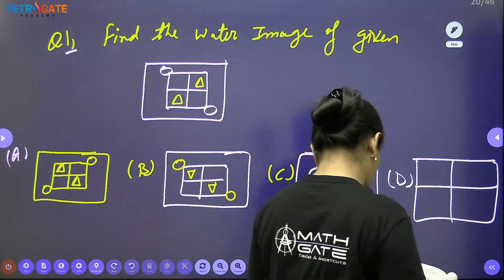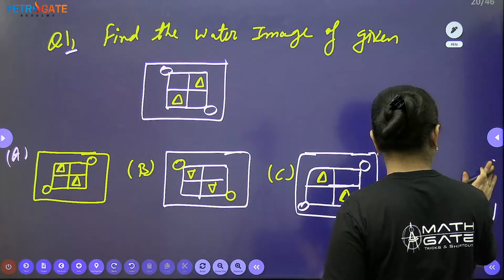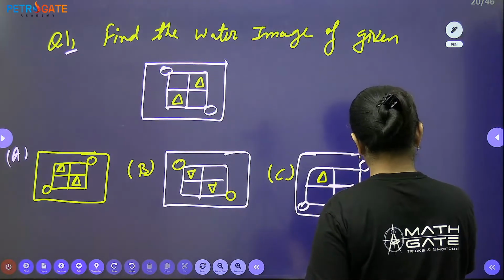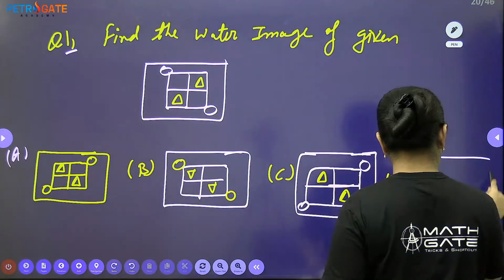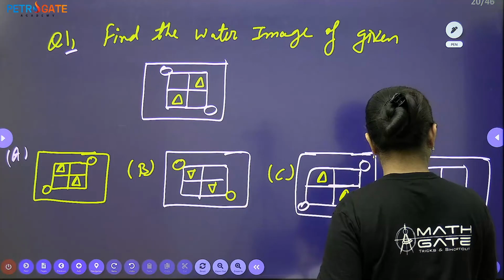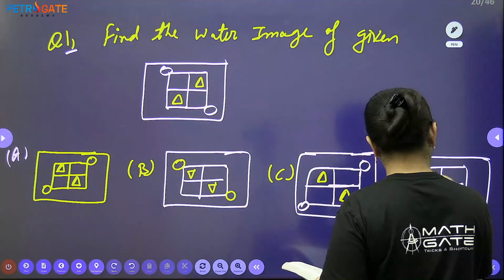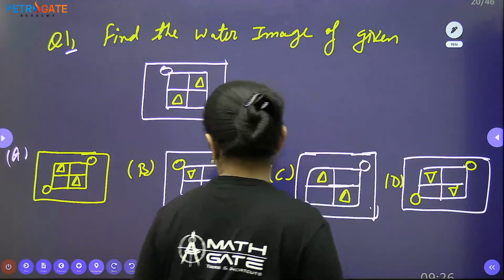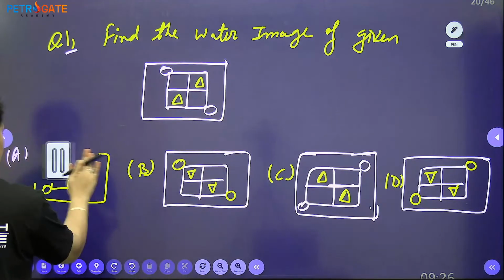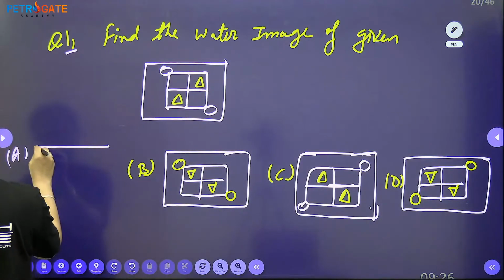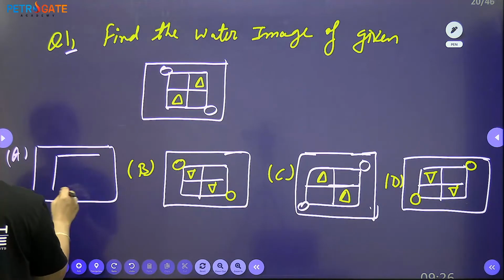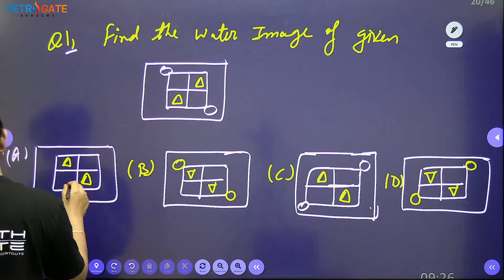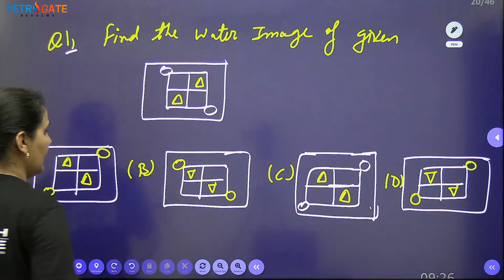Yes, it is visible. When I'm going for the last option D, it looks like this one is having a triangle, circle and circle, right? Let's go for it, dear students. Let me make this one also the same now. Let's have some similarity. Okay, this is this one and this one.